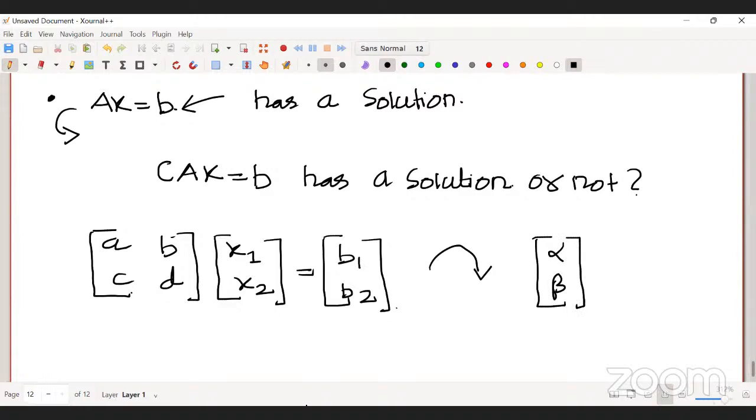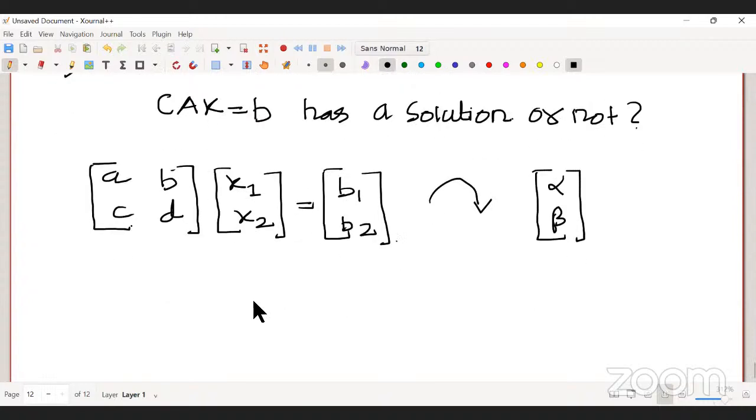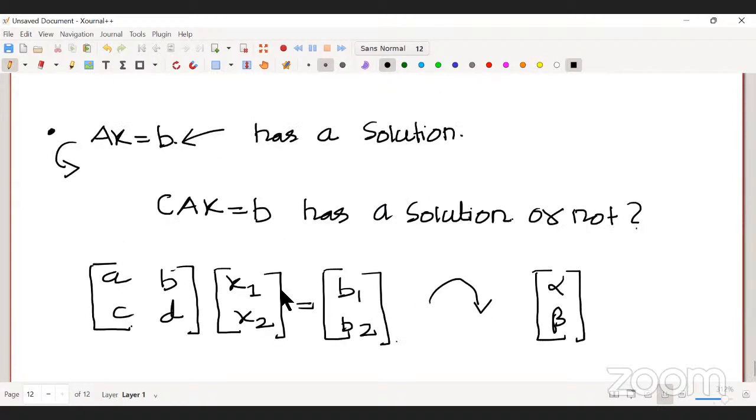So the next question is whether this equation has a solution or not. Let me change this C to some number, since C is a scalar.